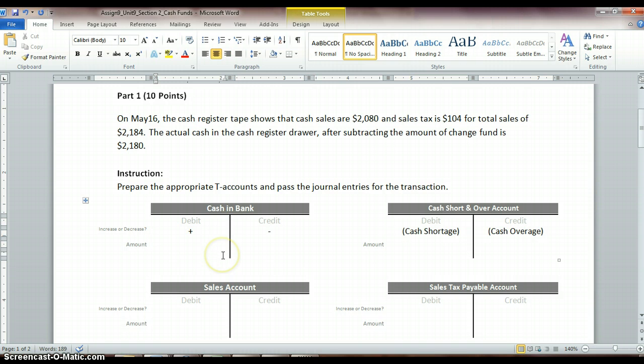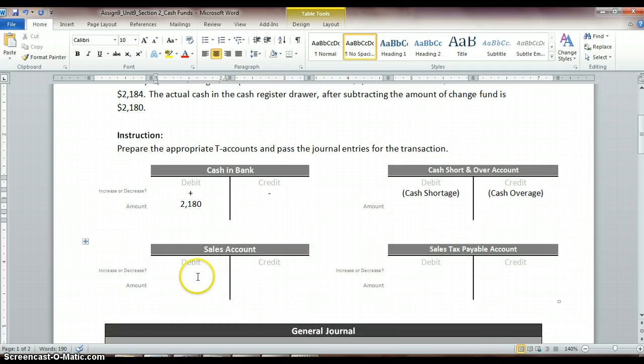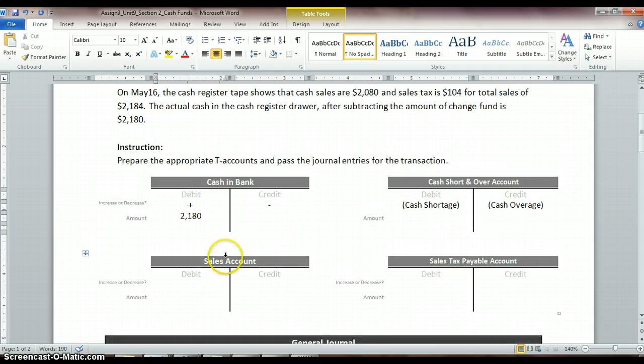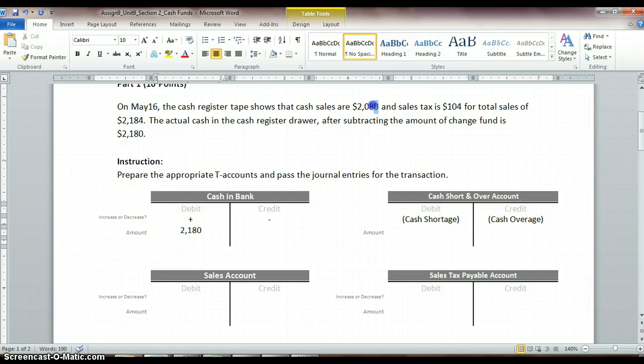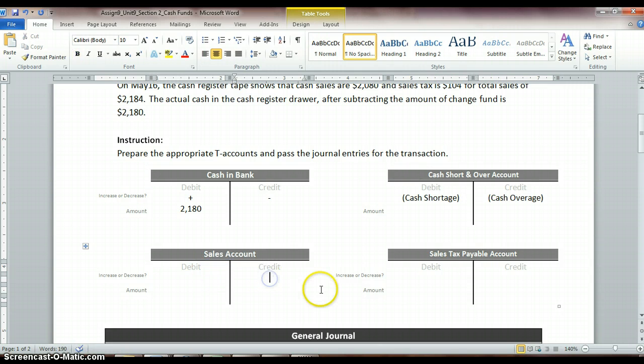We're going to increase our cash by $2,180. I'll do our cash shortage last. And then when we're looking at our sales account, it says we had recorded sales of $2,080. Sales is a revenue account, so we're going to increase on the credit side.